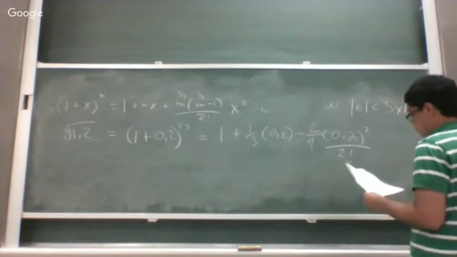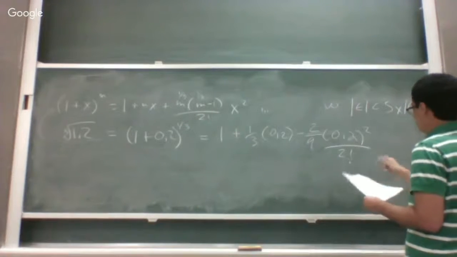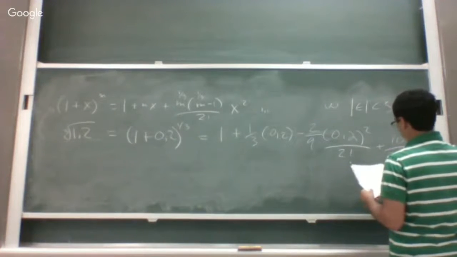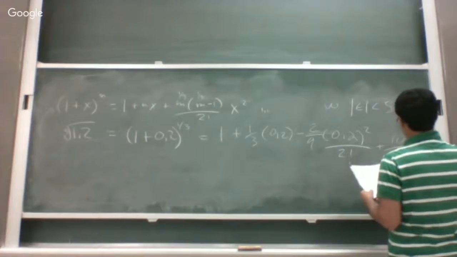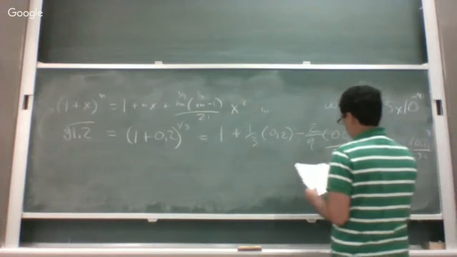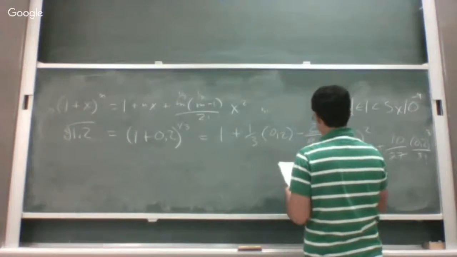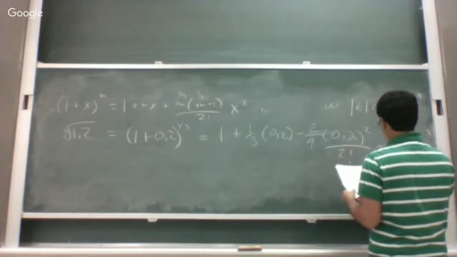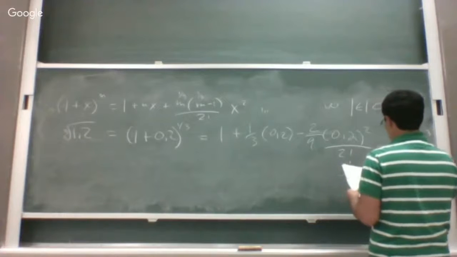Good. Plus 10 over 27 times 0.2 cubed divided by 3 factorial, minus 80 over 81 times 0.2 to the 4th over 4 factorial.